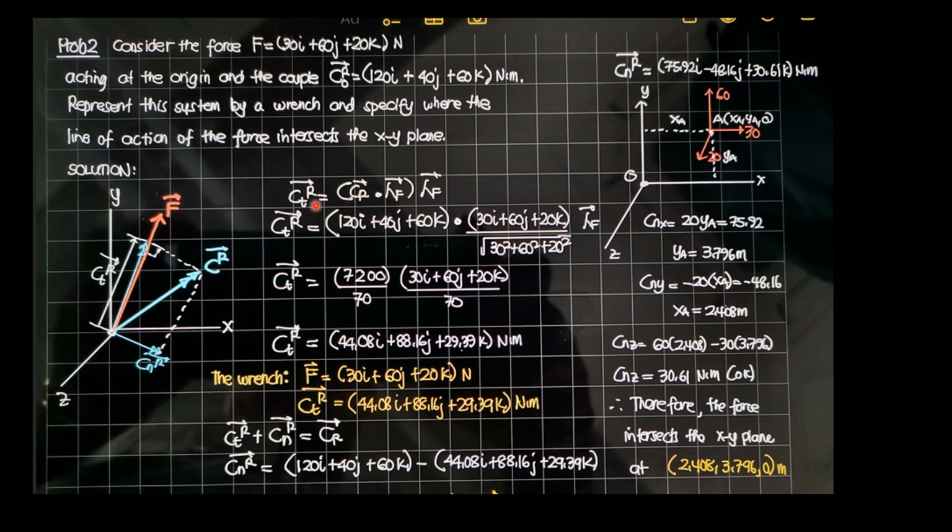That's the magnitude of C_TR, then that's why we have to multiply it further by the unit vector of the force.